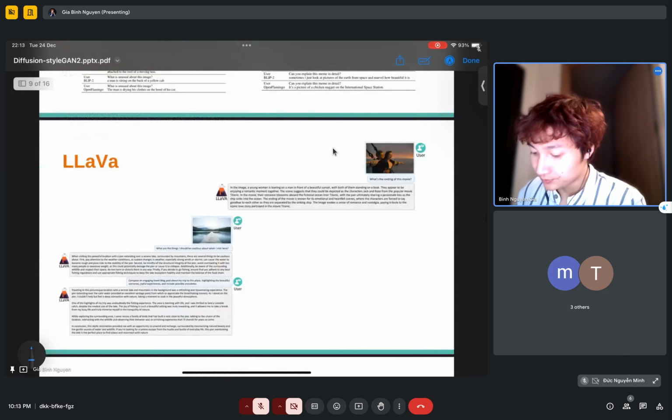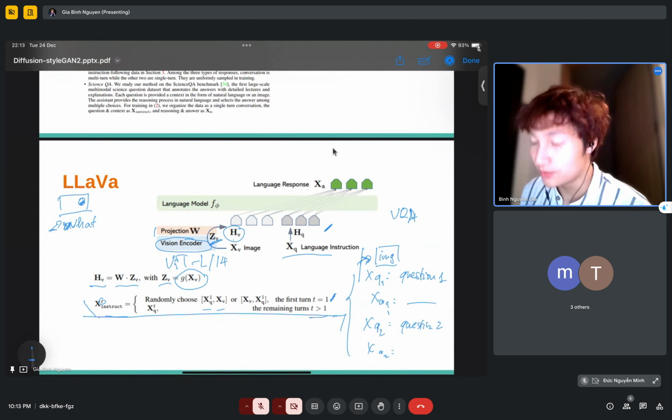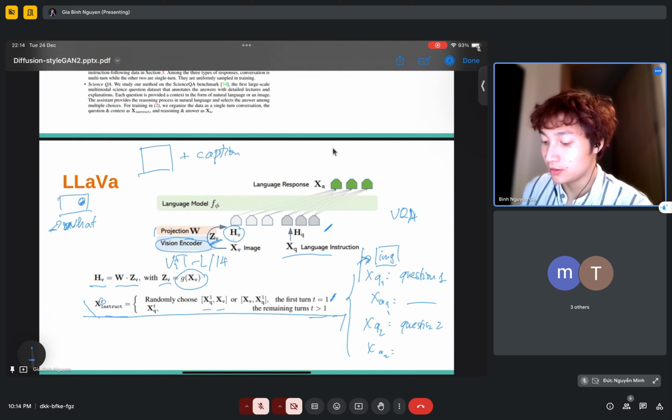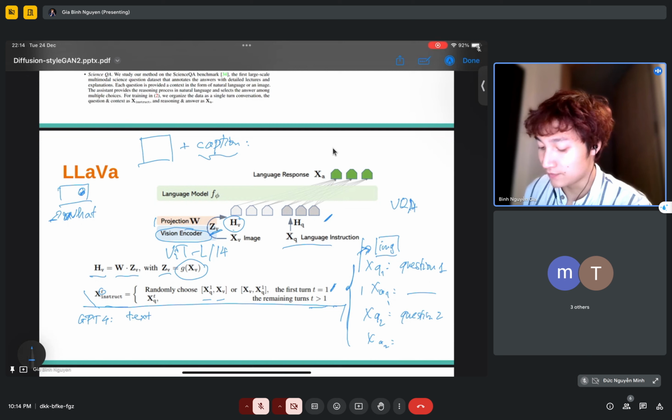As mentioned before, we have image captioning datasets, and now we need to somehow generate a multi-turn QA dataset. So we will use a caption as the input and use GPT-4, which accepts only text, to generate the multi-turn data for us.